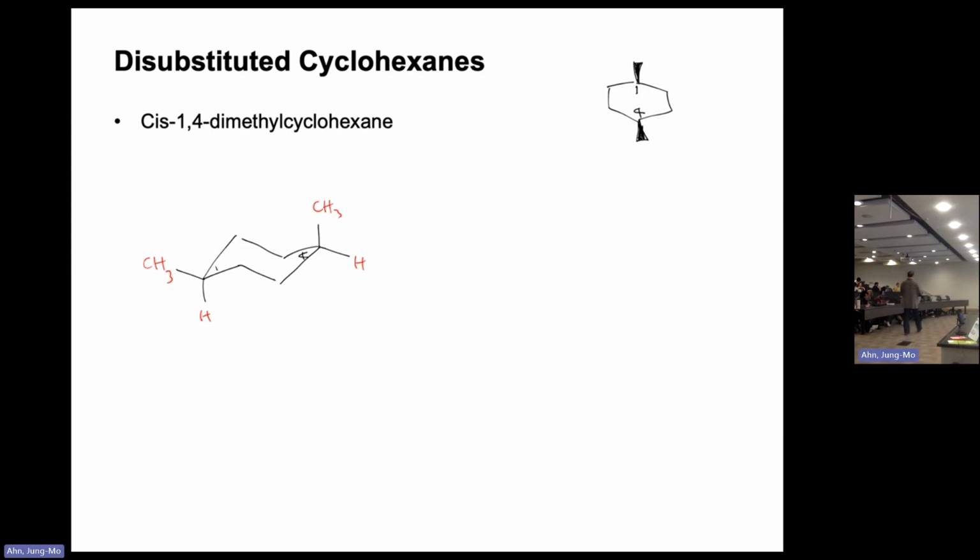That chair conformation will convert into the other chair conformation by raising these corners up and the other corners down. That's going to make this equatorial go axial because that has to take the upper side. That axial will become equatorial because that's the upper side compared to the hydrogens.